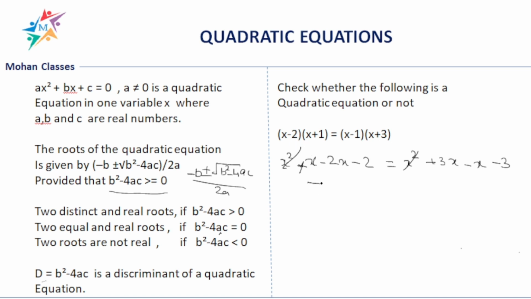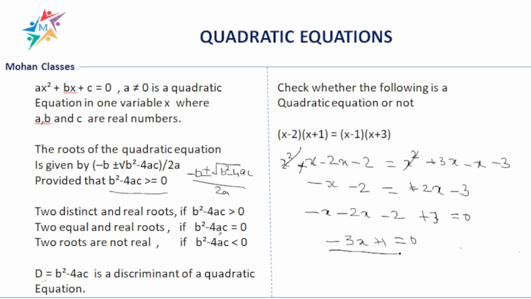So that means minus x and minus 2 is equal to plus 2x minus 3, right? So what will happen? This plus 2x will come this side, right? Minus x minus 2x minus 2, this will come as plus 3, is equal to 0. So that is minus 3x plus 1 is equal to 0.